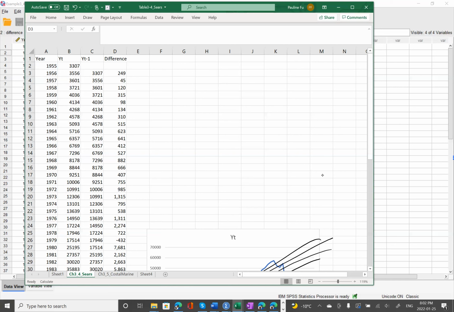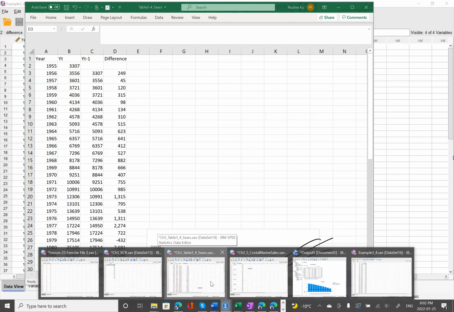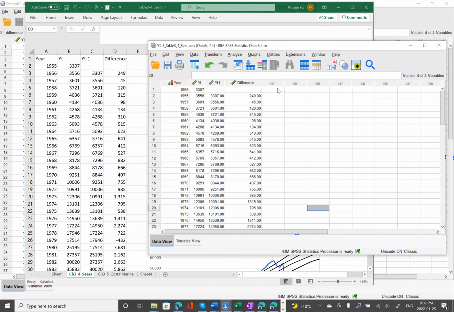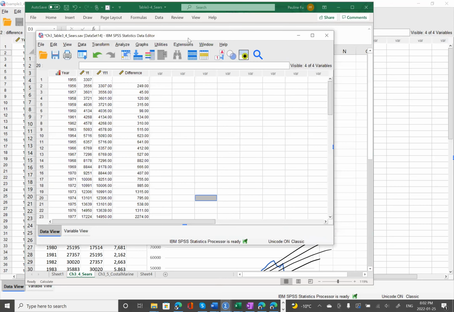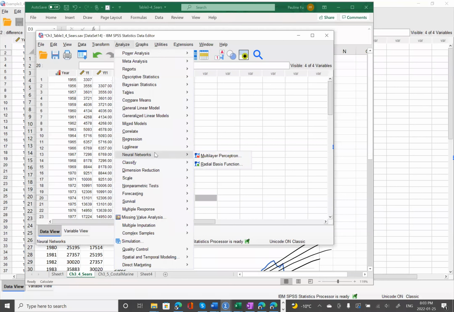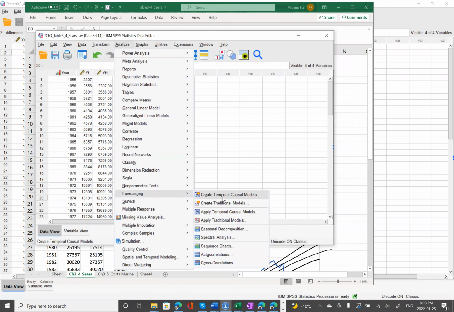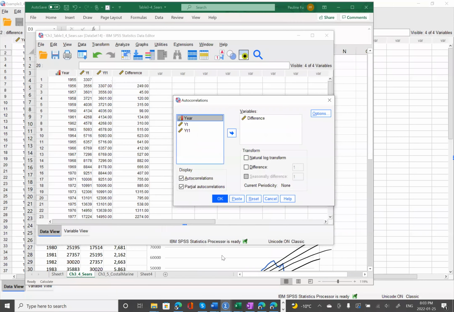Any other questions? All right. So once you produce this difference, now we go to SPSS. So we have the difference. Now if you do the forecast, you do analyze, forecasting, autocorrelation.